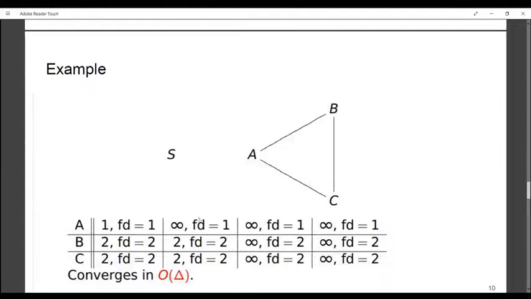So it will not consider that announcement, and it will discard it, and it will reset its metric to infinity.